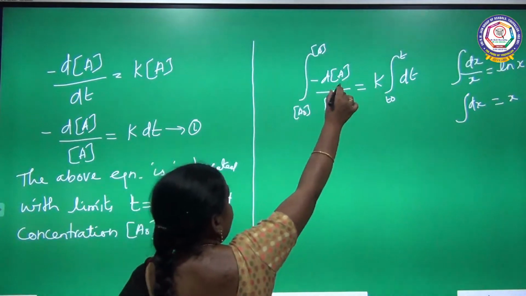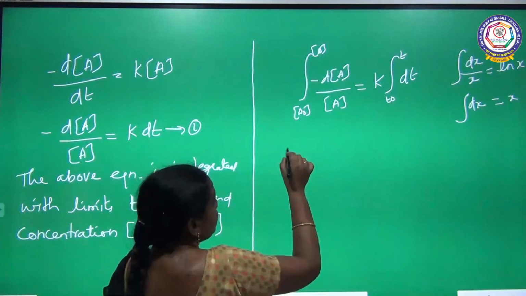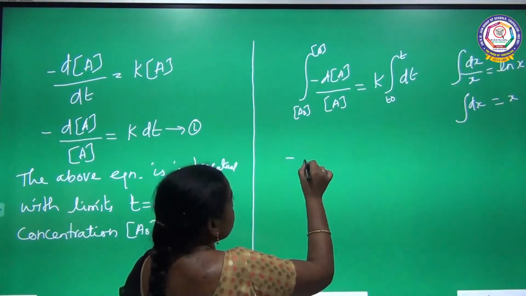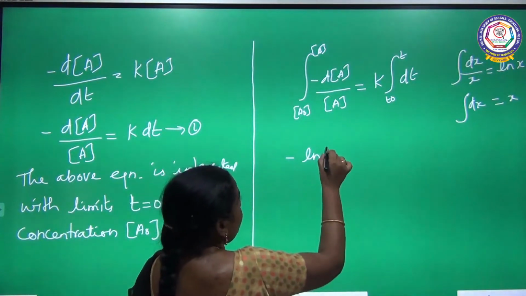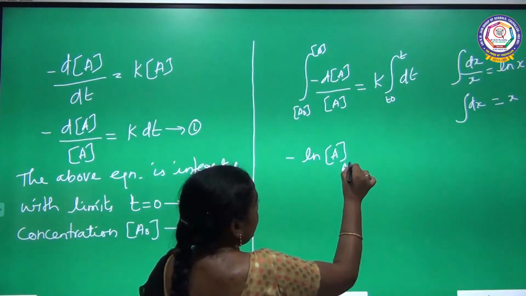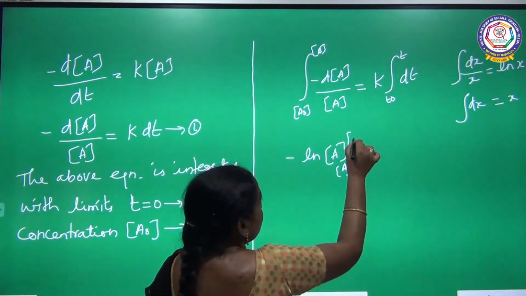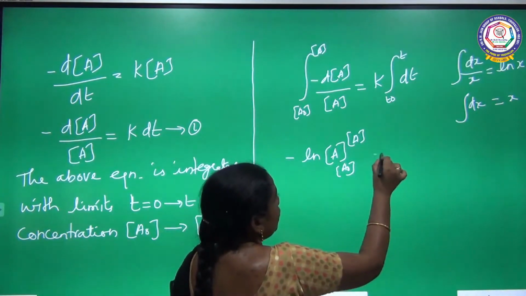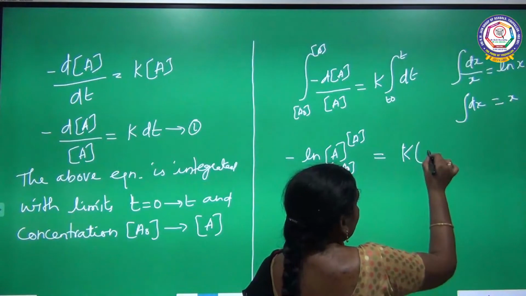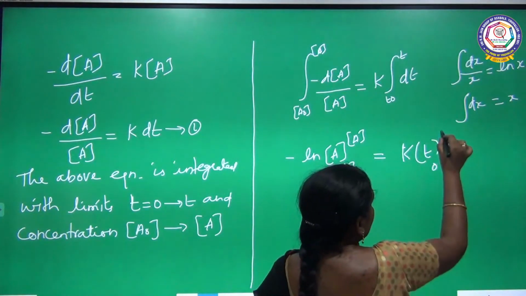So this can be written as minus ln of A from the limit A0 to A equal to K into t from 0 to t.